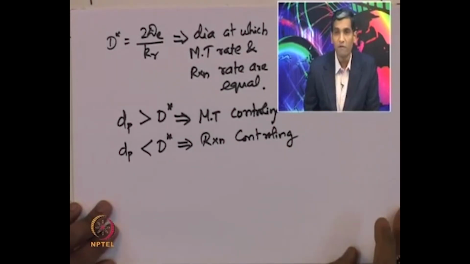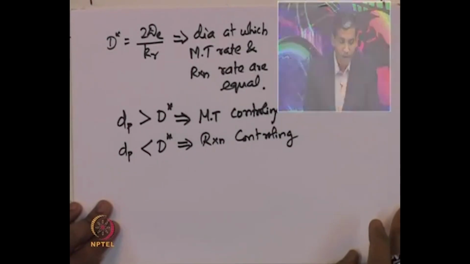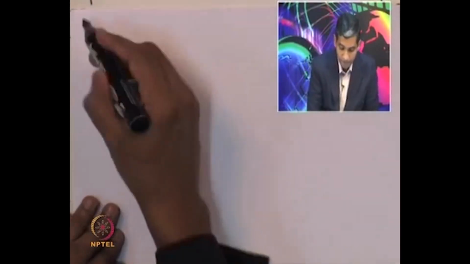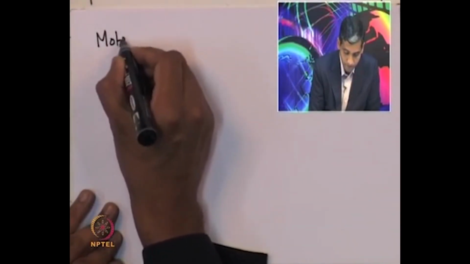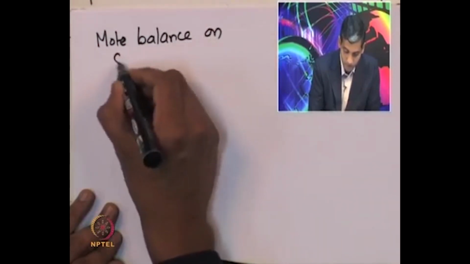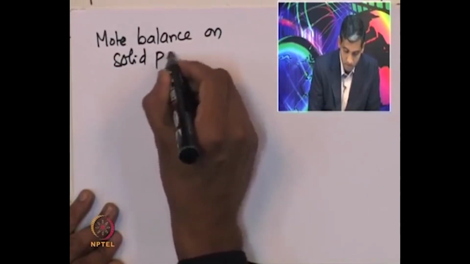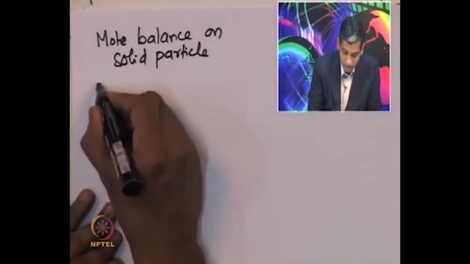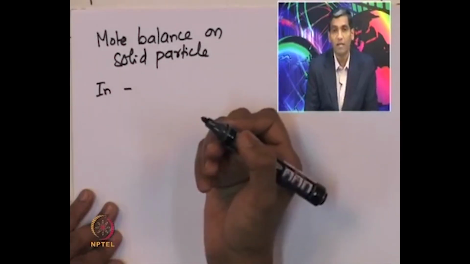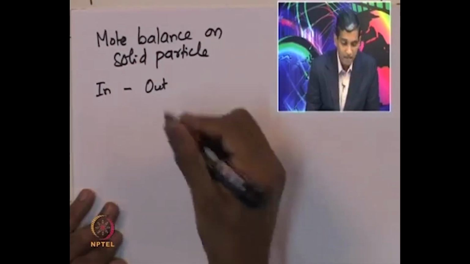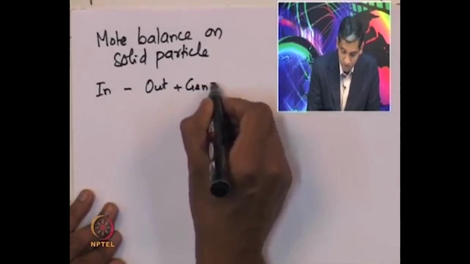Now, in order to find the radius of the particle as a function of time, we can write a mole balance on the solid particle. The rate at which things are coming in, minus the rate at which they are leaving, plus generation, should be equal to accumulation.